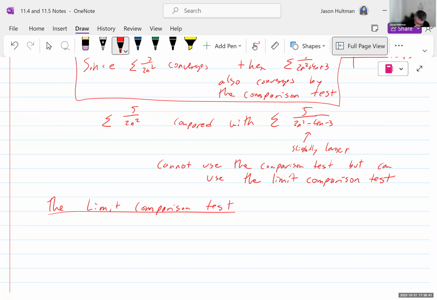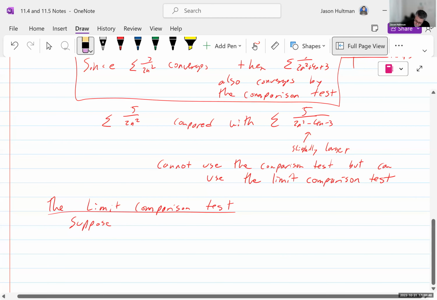The limit comparison test says, suppose that the summation of a sub n and the summation of b sub n are series with positive terms.